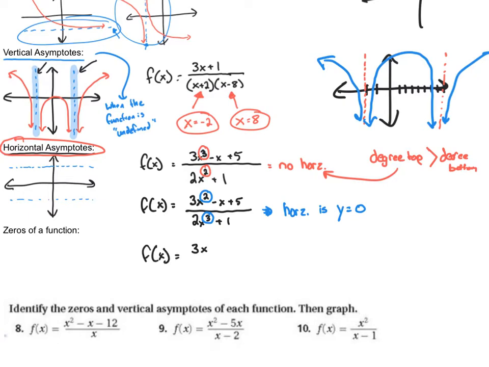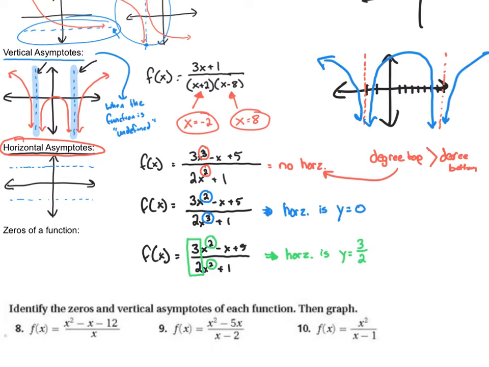It is 3x squared minus x plus 5 over 2x squared plus 1. If the degree on the top is the same as the degree on the bottom, then your horizontal asymptote is the coefficient on the top divided by the coefficient on the bottom. So y would equal 3/2.